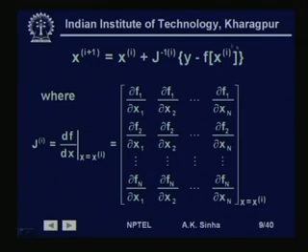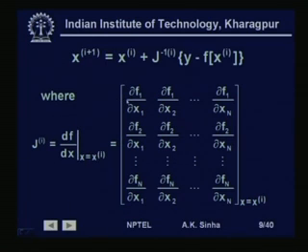So, with this as an iterative form is the basic Newton-Raphson algorithm that we have for power flow solution, where J is basically the Jacobian matrix, df by dx at x is equal to x i.